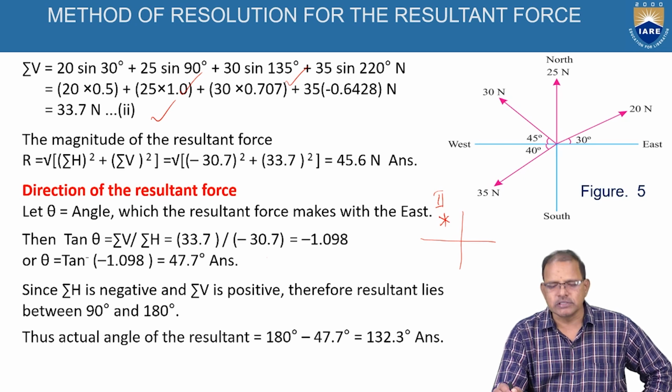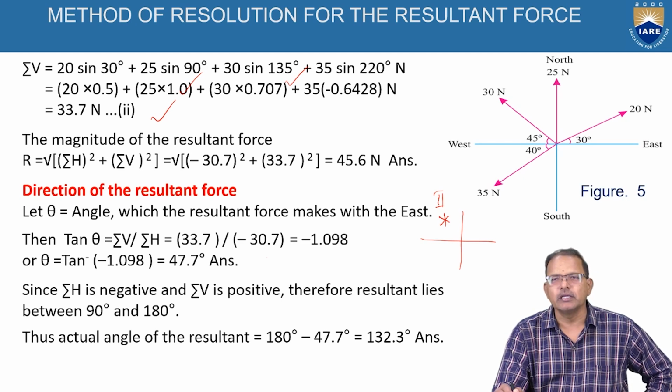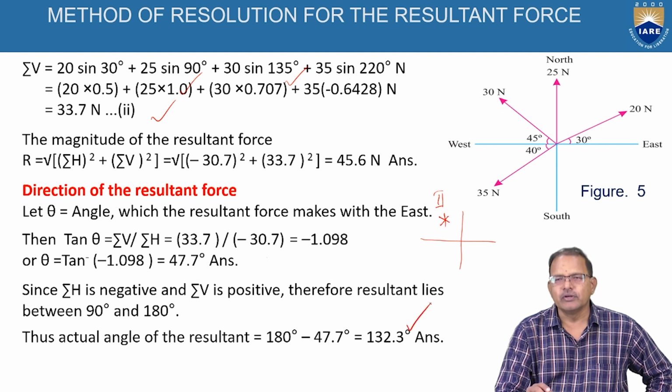But the value obtained here is measured from the x-axis, that is, the east-west direction. Hence, theta is equal to 180 minus 47.7 degrees, which is equal to 132.3 degrees, as shown in the problem.